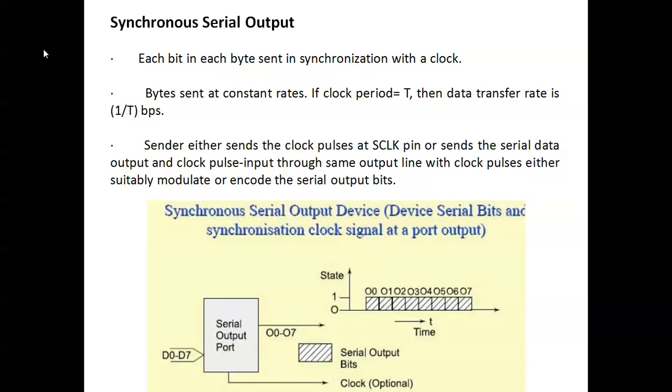If the clock period is T, then the data transfer rate is 1 by T. So the sender sends the clock pulse. You see that synchronous serial output device, serial bits and synchronous clock signal at the port out.